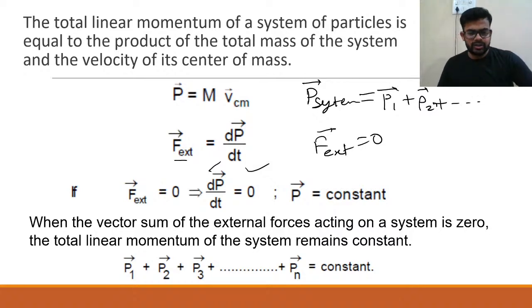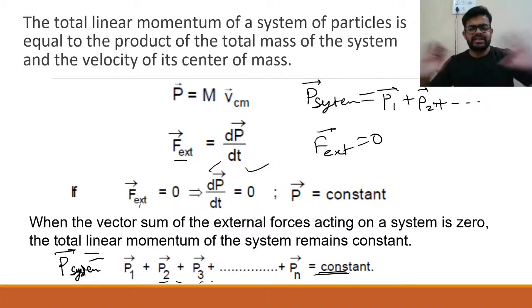That is, P system is the sum of momentum of individual components, and that is always constant. So this is the law of conservation of momentum.